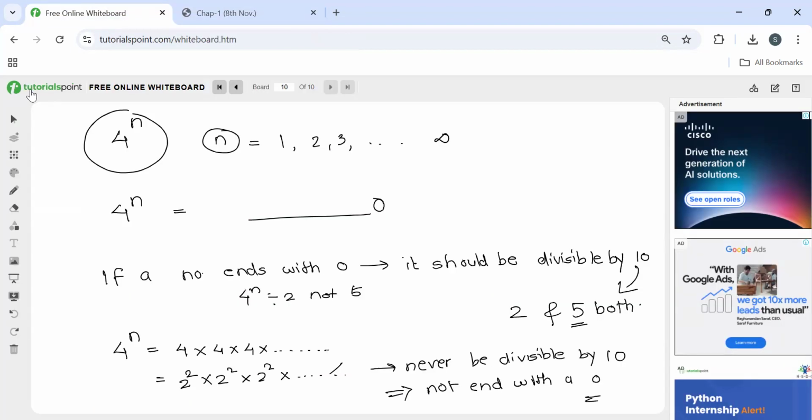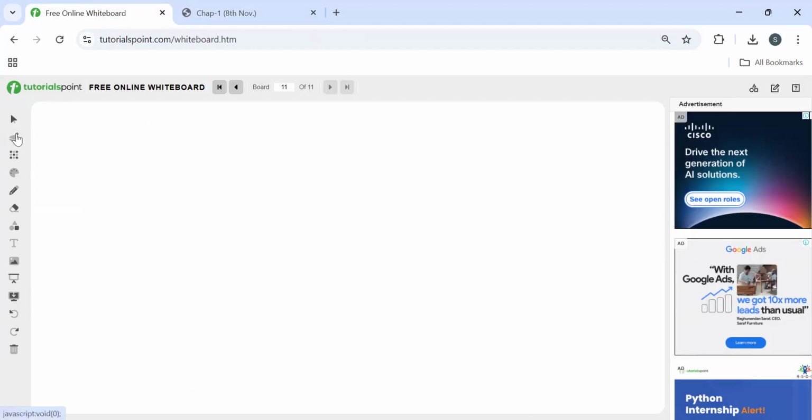Okay. Now that we have learned the prime factorization method, let us learn how to find the LCM and HCF using the prime factorization method. Let's take the numbers 36 and 24. You need to find the LCM and HCF of these two numbers.